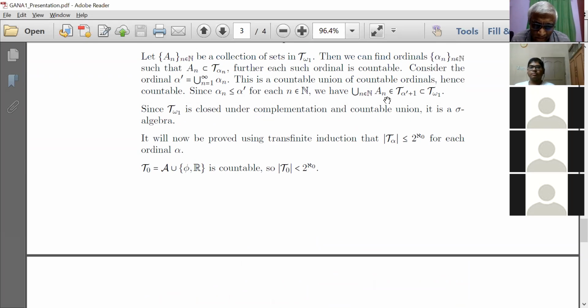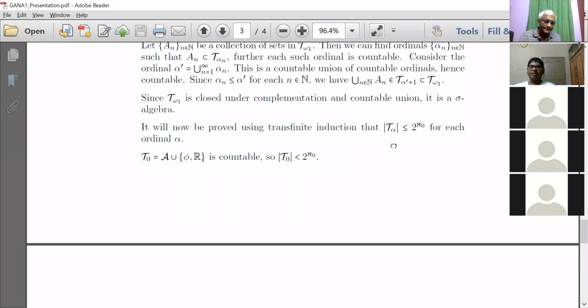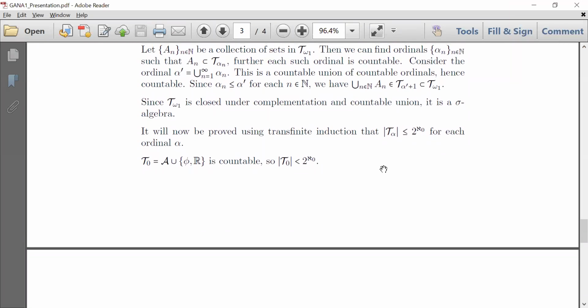So I don't really see the point. Here we conveniently picked T of alpha prime plus 1, such that we picked alpha prime such that each of these A n is in T of alpha prime. That would have been kind of difficult if we had tried to do something there.